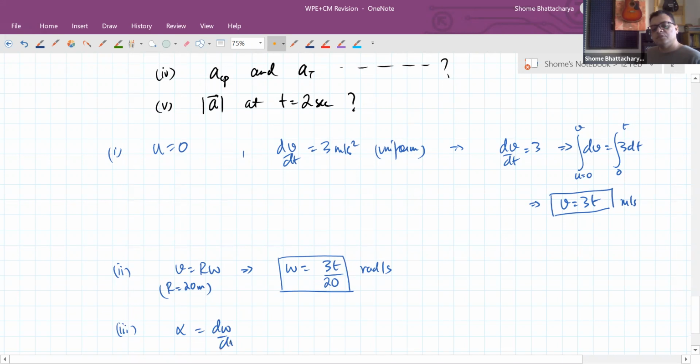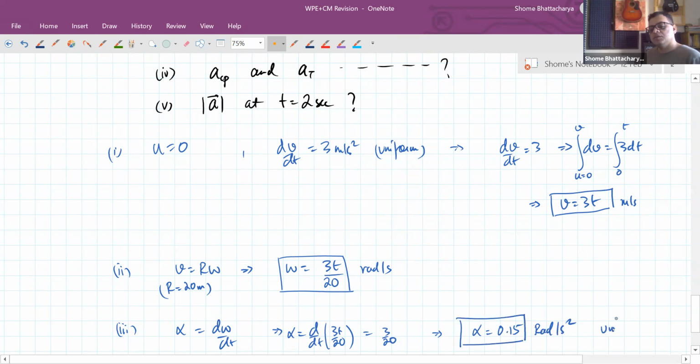rate of change of angular speed. So that becomes 3 by 20, or 0.15 radians per second square.